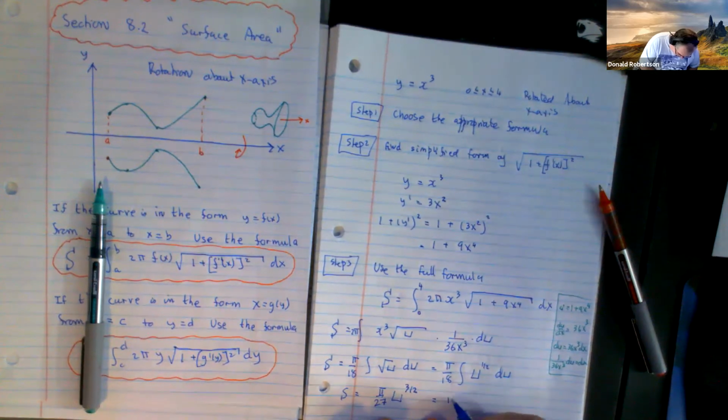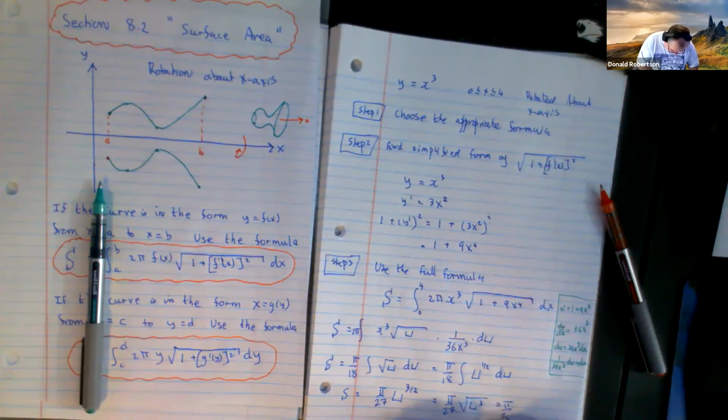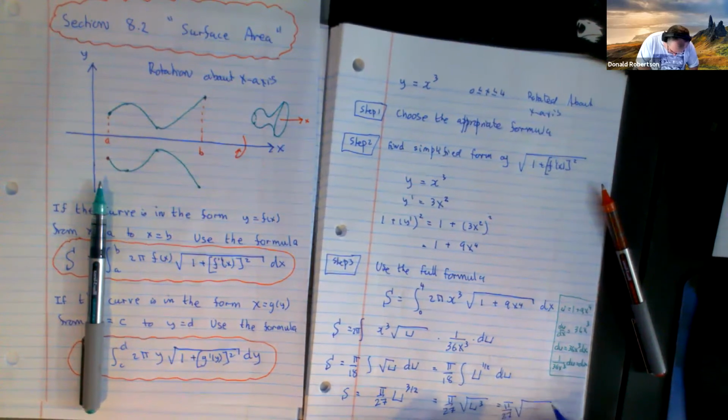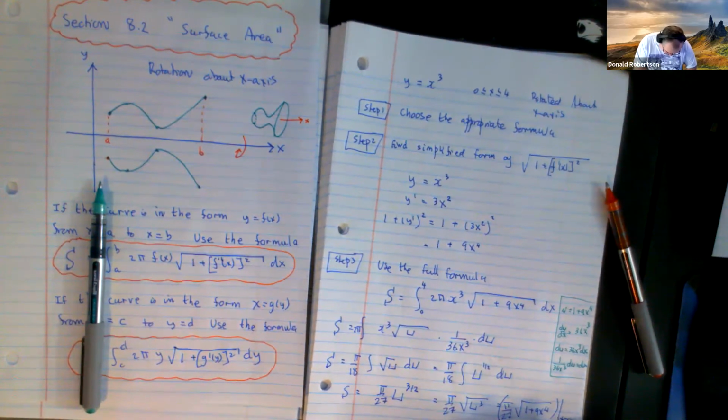And that becomes pi over 27, the square root of u cubed. And that becomes pi over 27, the square root of 1 plus 9x to the 4 cubed. And we are going to evaluate it at x equals 0 to x equals 4.